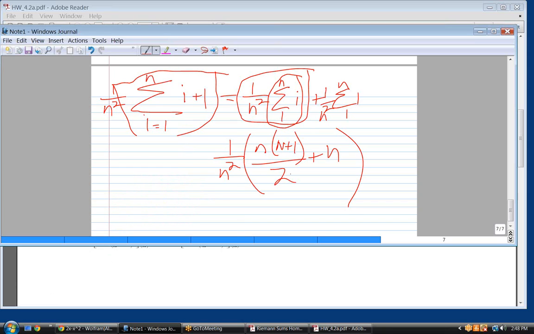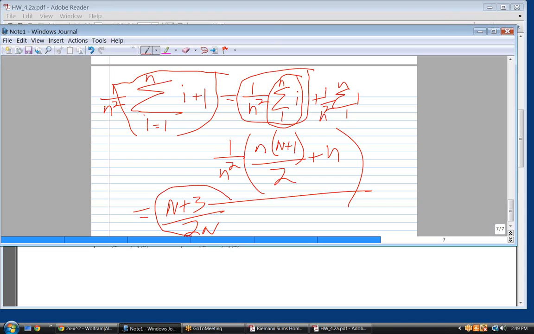So now we got that formula, and with a bit of distributing and finding common denominators, I end up with (n plus 3) over 2n.